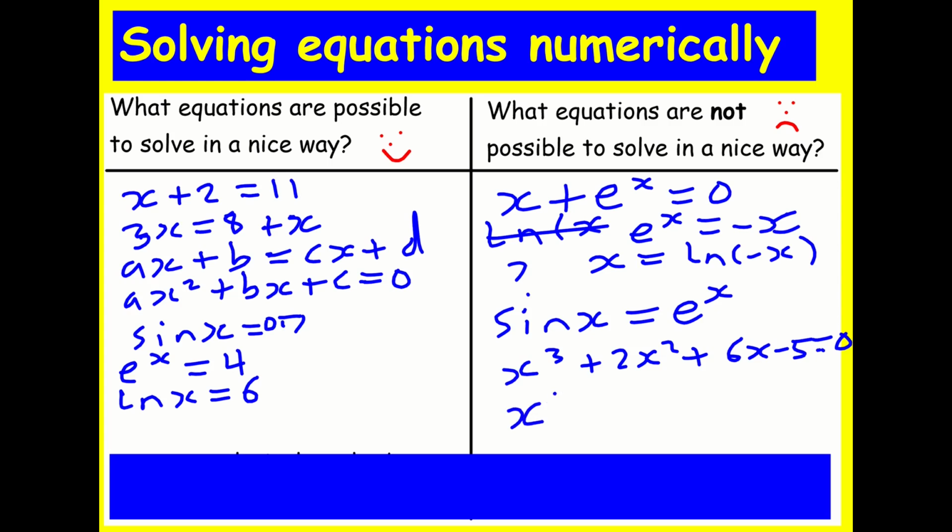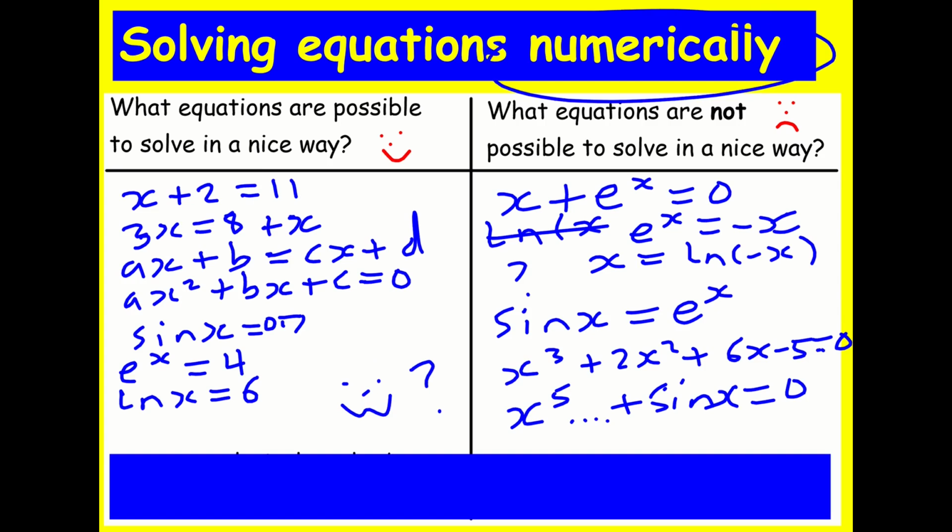Now I might have x to the 5 in there as well. I might even then have x to the 5 and then start adding a sin x. And these equations will generally have solutions, but being able to find them is where we're not so easy, and that's where numerical methods really come in.